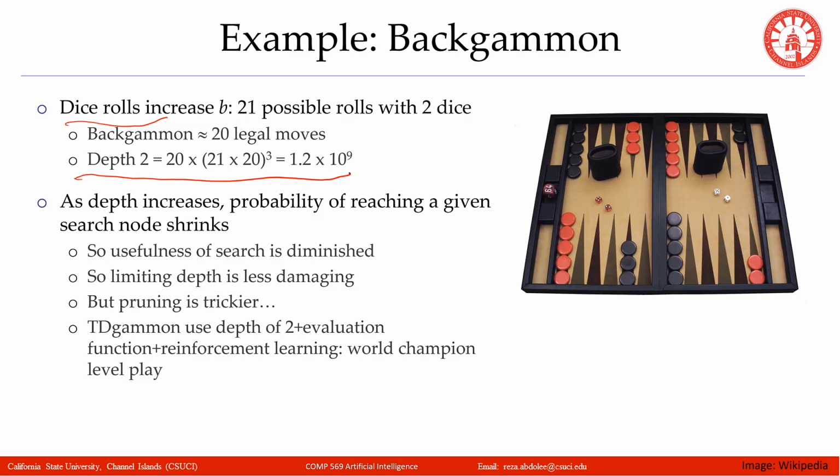Since you have so many moves in here, for a depth 2 algorithm, the number of nodes is going to be enormous. As you can see, the number is too large, and therefore having 1 more depth is going to get out of control.